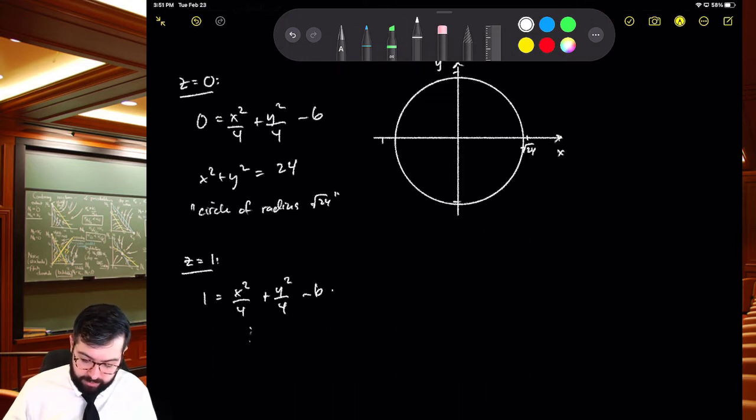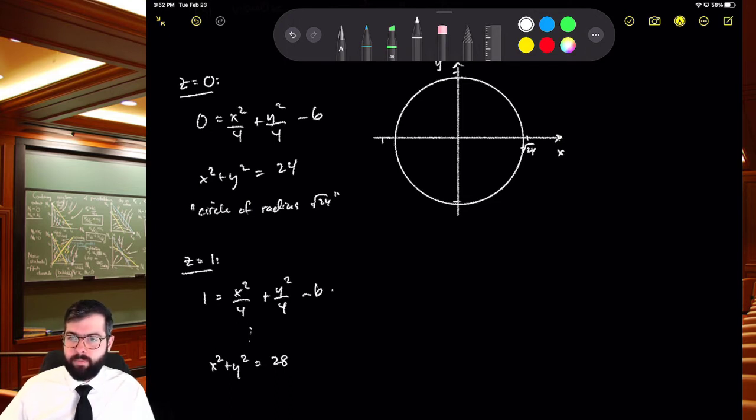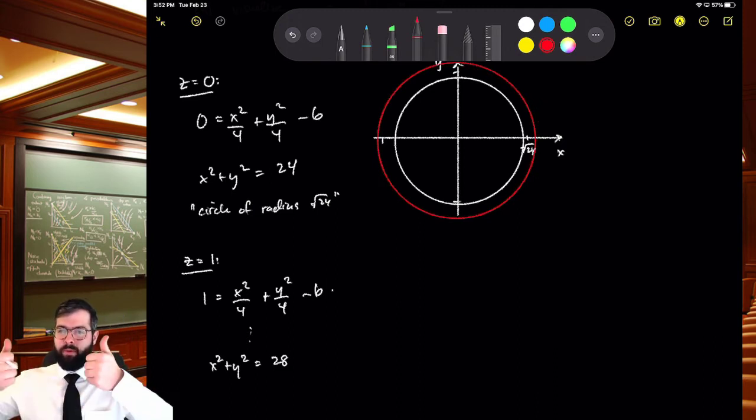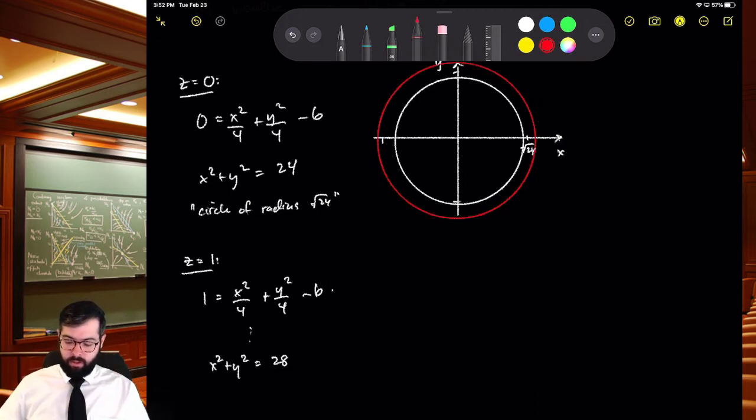You'd solve and you'd get a circle of radius radical 28 for the next trace up, so it's getting bigger as we're moving out. Wait, is this opening downward? It has to be. Okay, good.